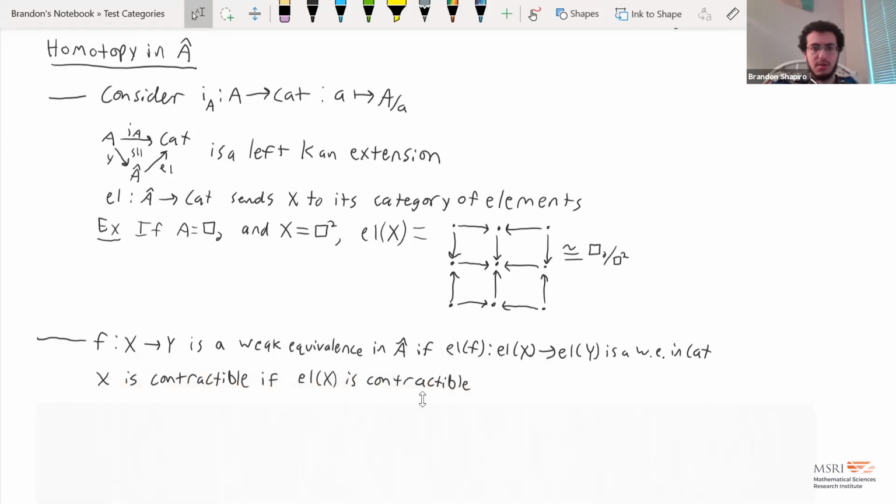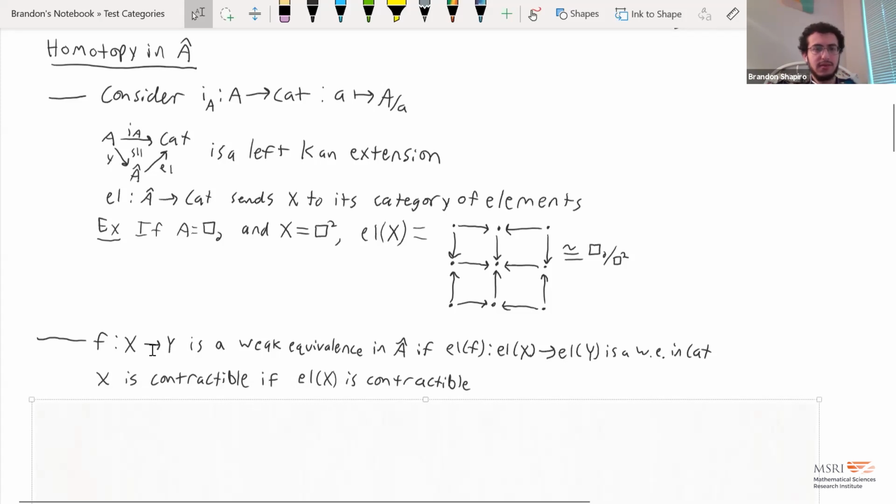So we want to have a homotopy theory in A hat, and while all of this can be done at the level of model structures, which was done by Sosinski, I'm not going to get into those details for the sake of time. So all we're going to be looking at is weak equivalences.